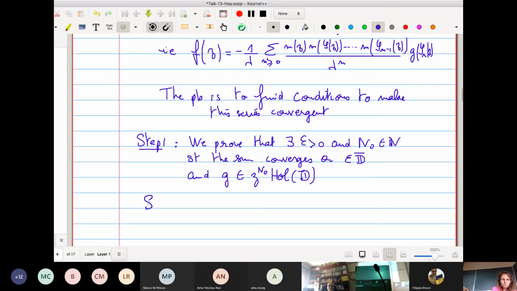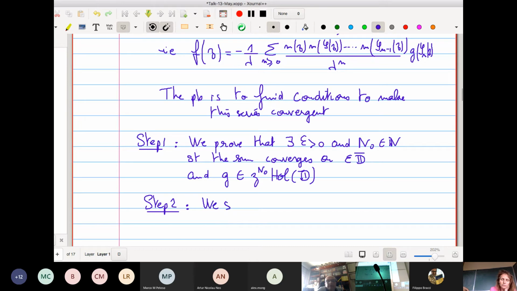The step 2: we show that provided we have a solution in this neighborhood, we are able to find an analytic continuation on the disk.